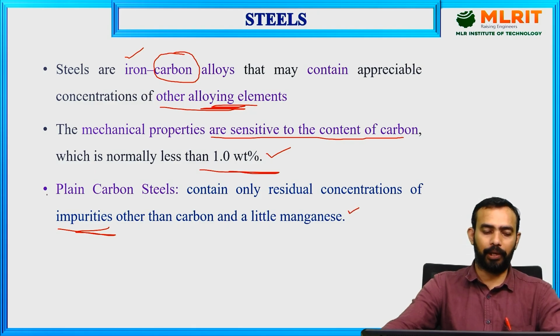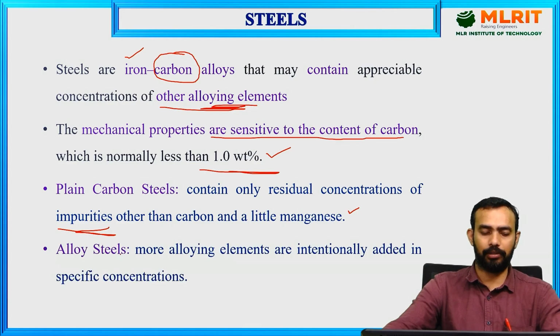So these are plain carbon steels: iron along with carbon, and there will be no presence of other alloying elements to a significant level, except a little proportion of manganese. Such alloys we call plain carbon steel. We have another steel, that is alloy steel, where along with the carbon there are other alloying elements also intentionally added in specific concentrations.